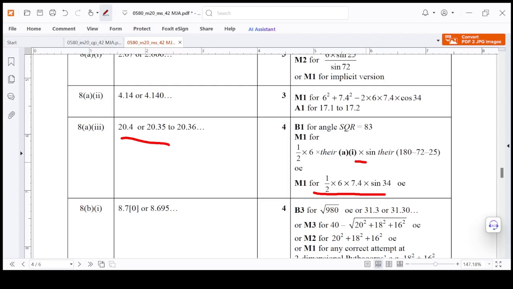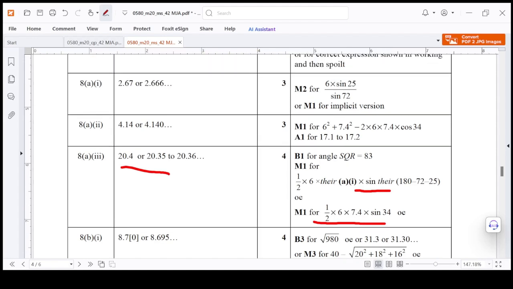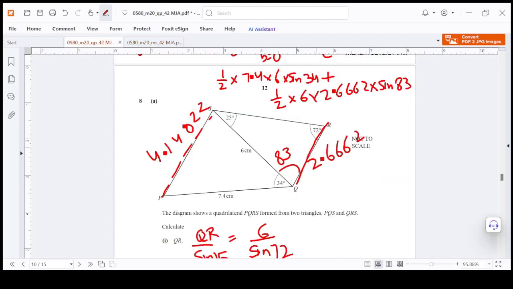Half times 6 times their previous answer, and the previous answer is 2.67. Our previous answer is pretty much the same. Why did I mess this up? Let me check in the calculator again.